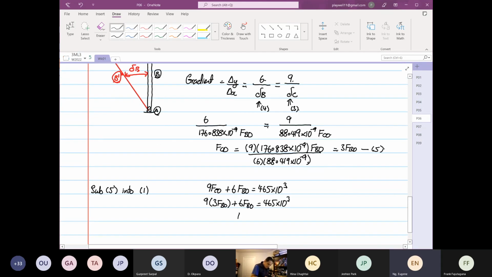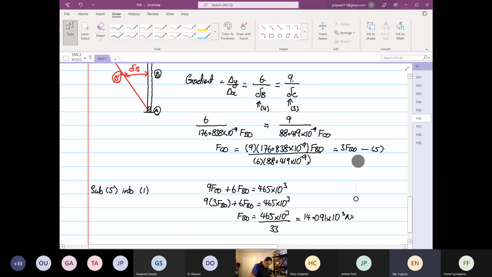So FB naught is equal to 465 times 10 to the power 3 divided by 9 times 3 is 27, plus 6 is 33. So 465 times 10 to the power 3 divided by 33 is equal to 14.091 times 10 to the power 3 Newton.